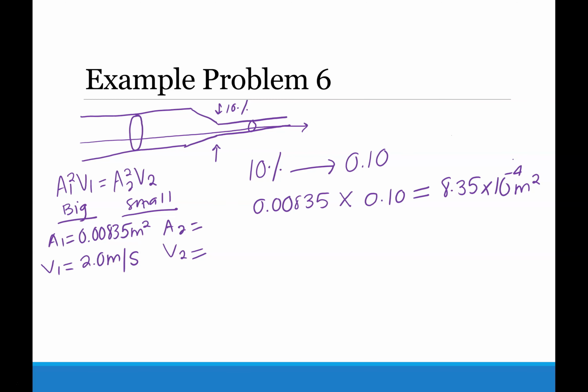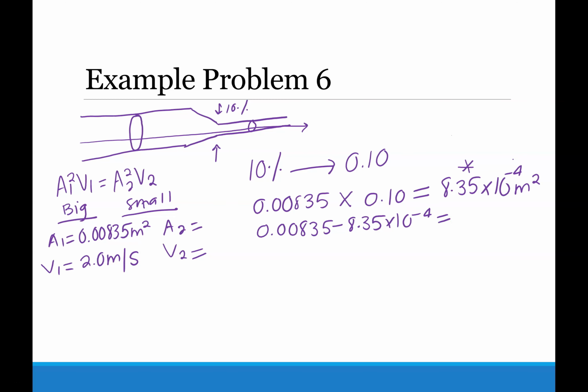And to find out how much it narrowed by, we have to subtract this number from the original area. If it got bigger by 10%, we would add it, but it actually got smaller. It narrowed by 10%, so we have to subtract. So 0.00835 minus 8.35 times 10 to the minus 4.